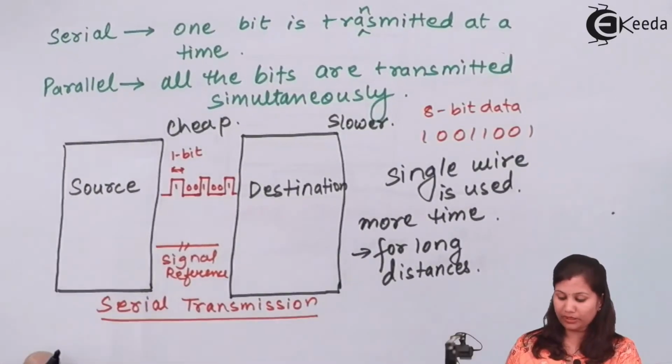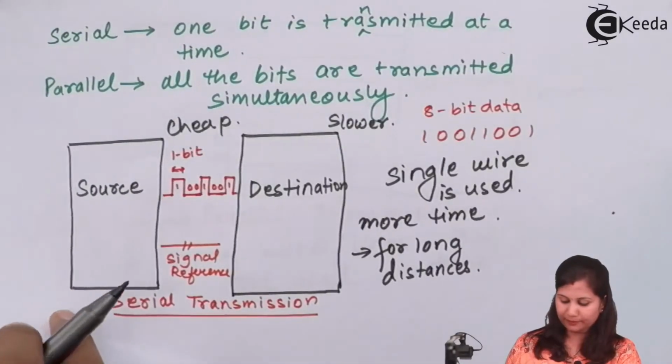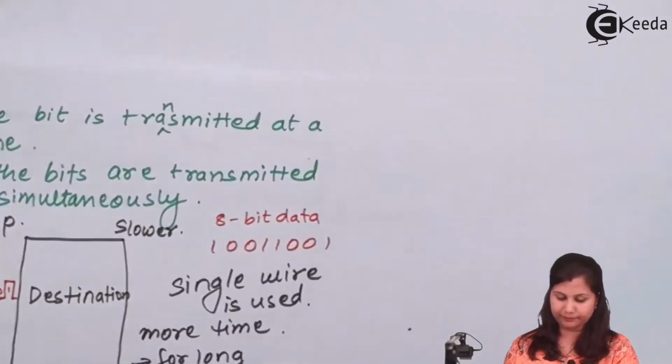Now if we talk about the advantages of serial transmission over parallel transmission, because in modern technology serial transmission is preferred, we know that we want to transmit data over long distances, and for long distances only serial transmission is advantageous.